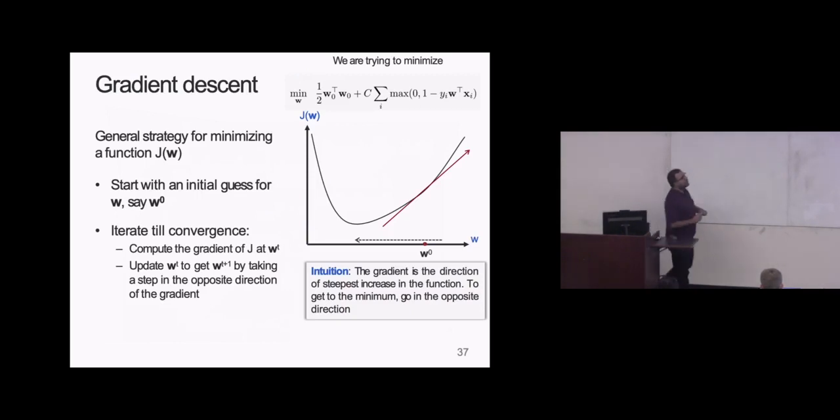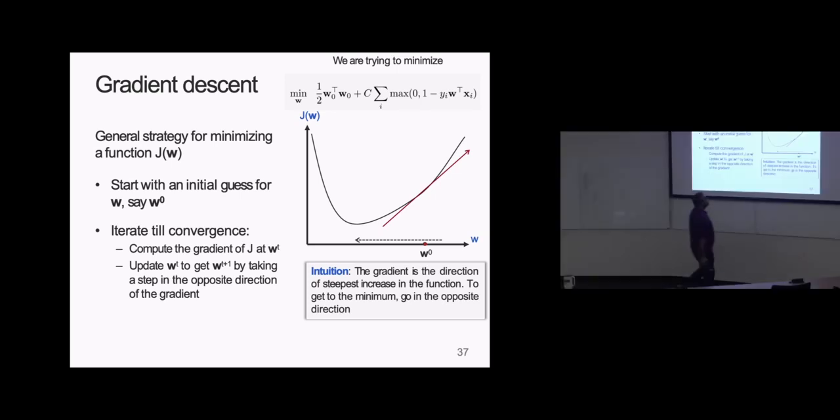So given this function, we want to do gradient descent. How do we do it? We compute the gradient. Let's say we start with a solution here. You compute the gradient at that point. There is a tangent, and then you compute the gradient. You take a step in the opposite direction of the gradient, because the gradient gives you the steepest increase direction.